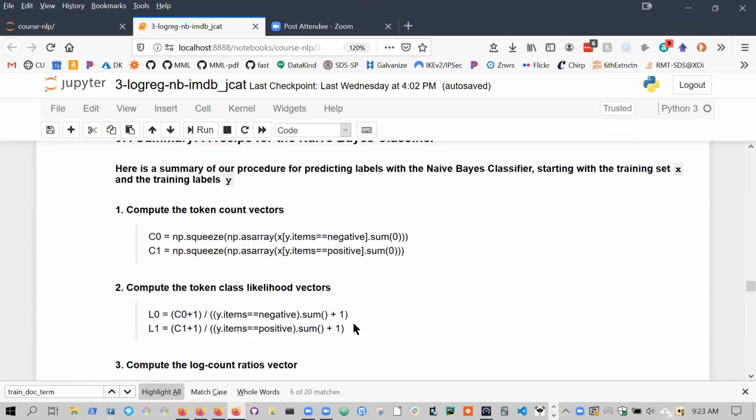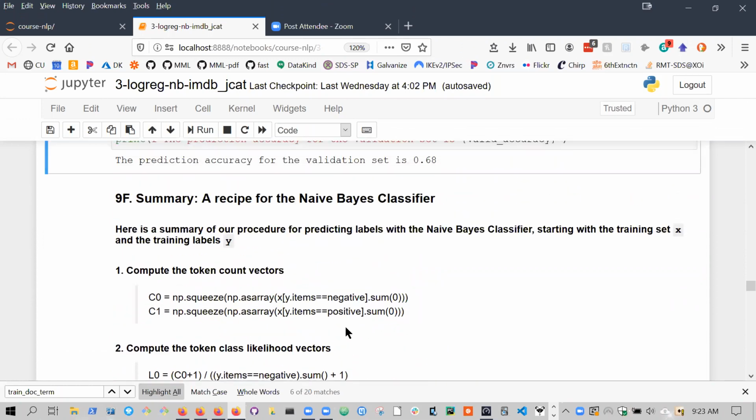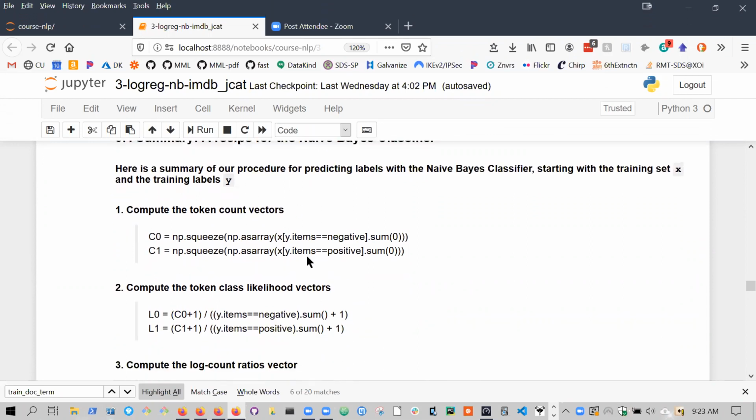Then I have a section here that summarizes things, because in your work as data scientists you might end up being asked to compute a naive Bayes classifier and use it. So here's how you would do that. I'm just going through the process that we already went through earlier in the notebook.